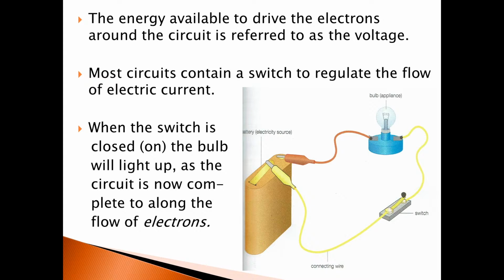Alright, the energy available to drive the electrons around the circuit is referred to as the voltage. Voltage, very important. Most circuits contain a switch to regulate the flow of electric current.